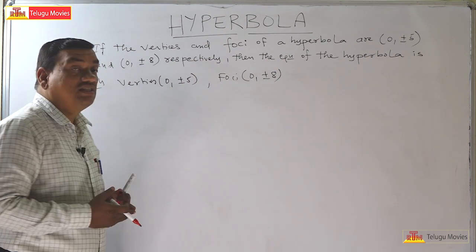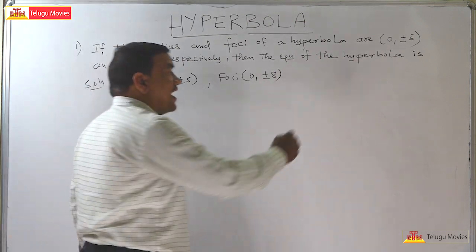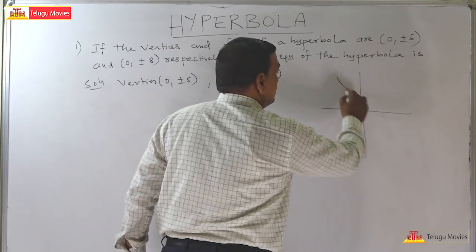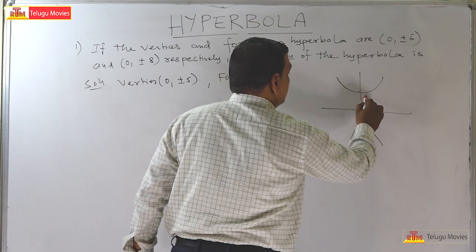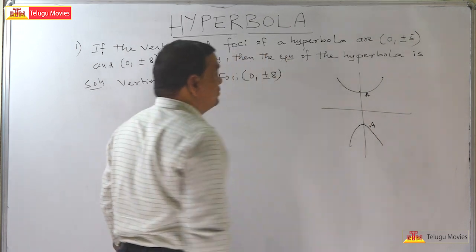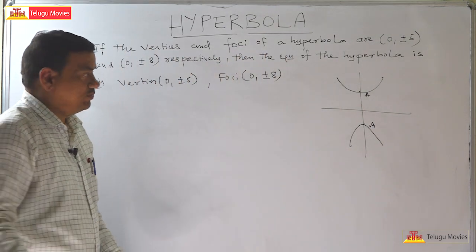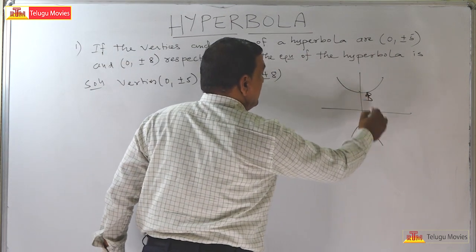Therefore, both vertices and foci lie on the y axis. So this is a, and this is b.